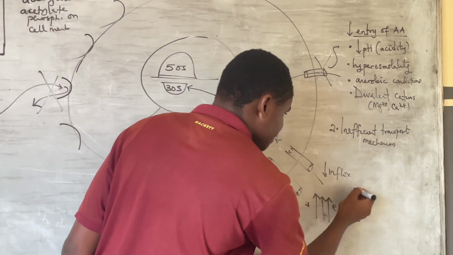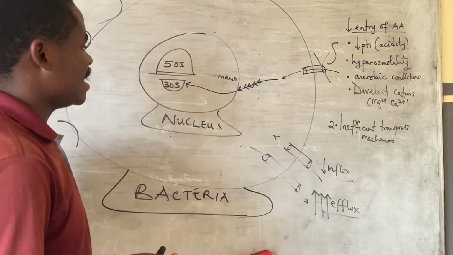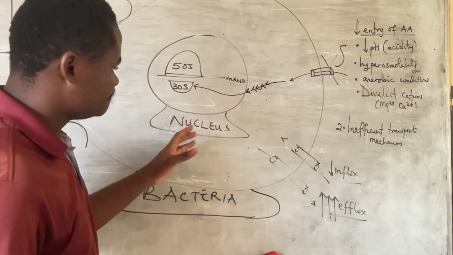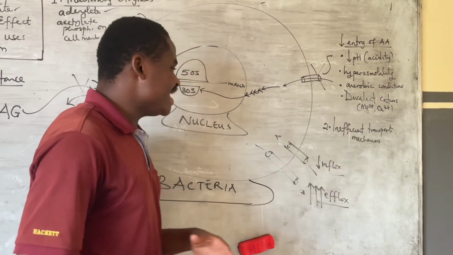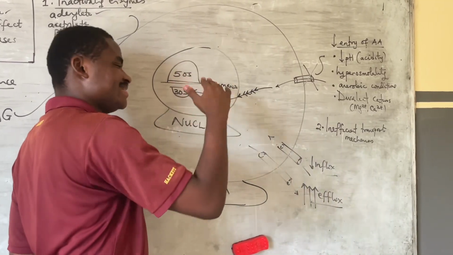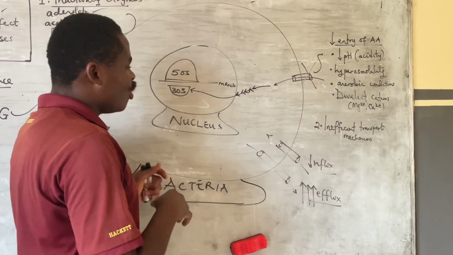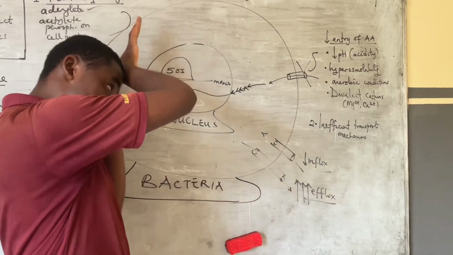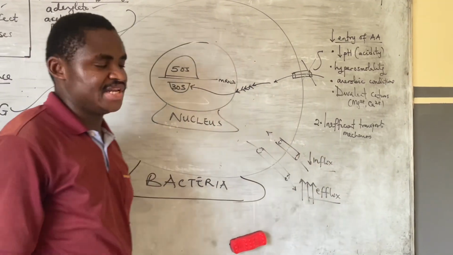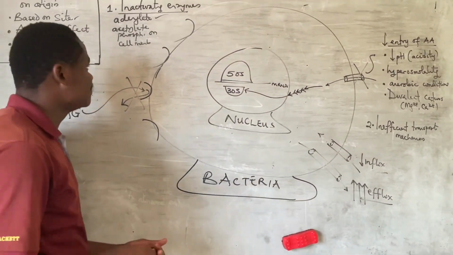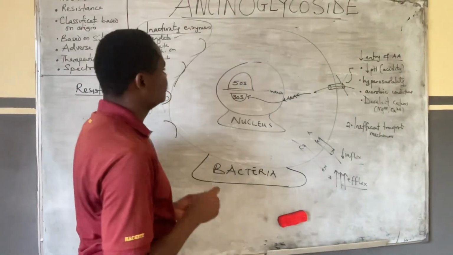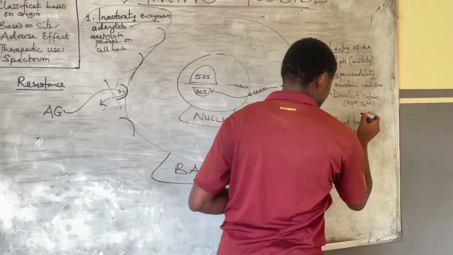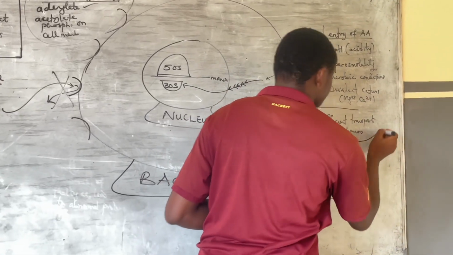So please remember these two. Either the amount that enters into this bacteria has drastically reduced, or even if they entered inside, we pump them out, an increase in efflux. So that's the second mechanism. This is number one, this is number two, mechanism of resistance.